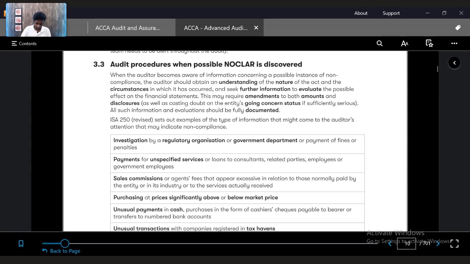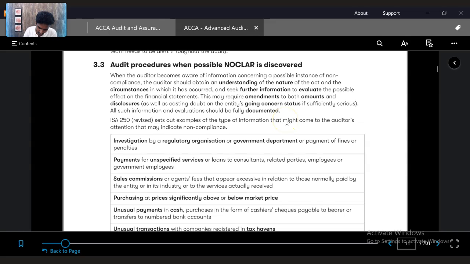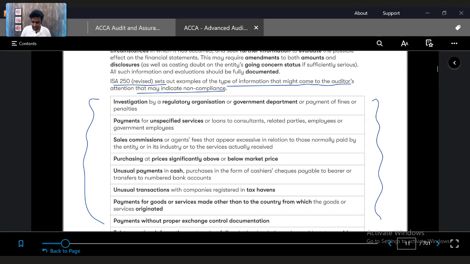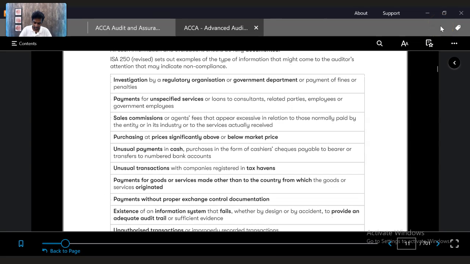ISA 250 sets out certain examples or types of information that can come to the auditor's attention that may indicate non-compliance. The below ones are the list of indications in a company which could say that there could be a non-compliance. So these are indicators of non-compliance.